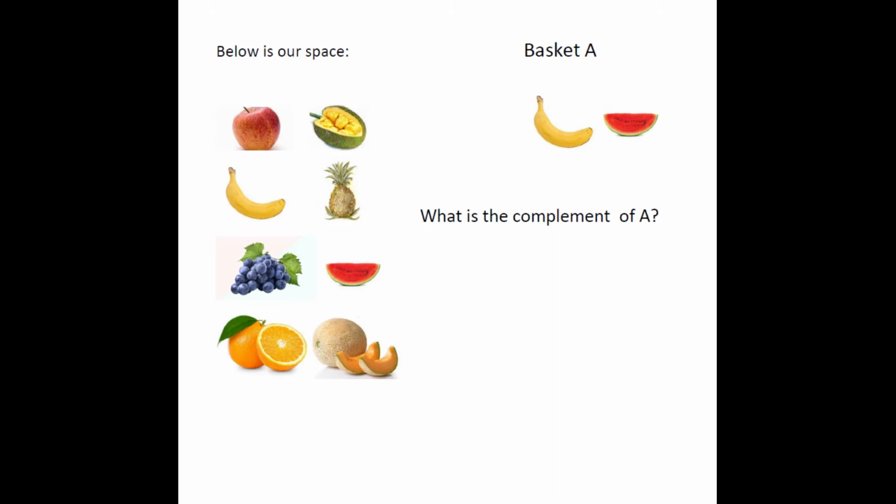What is the complement? Because our space is 8 different fruits and basket A has 2, 8 minus 2 will be the complement. Our complement will have 6 different fruits.